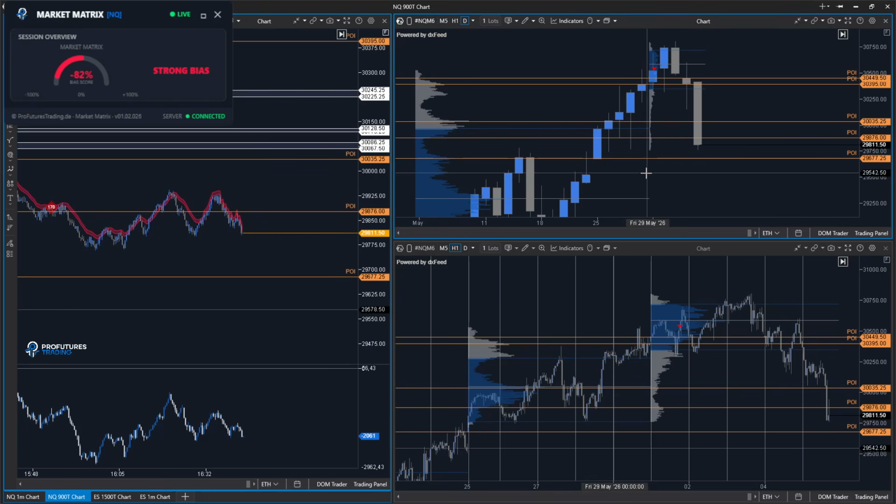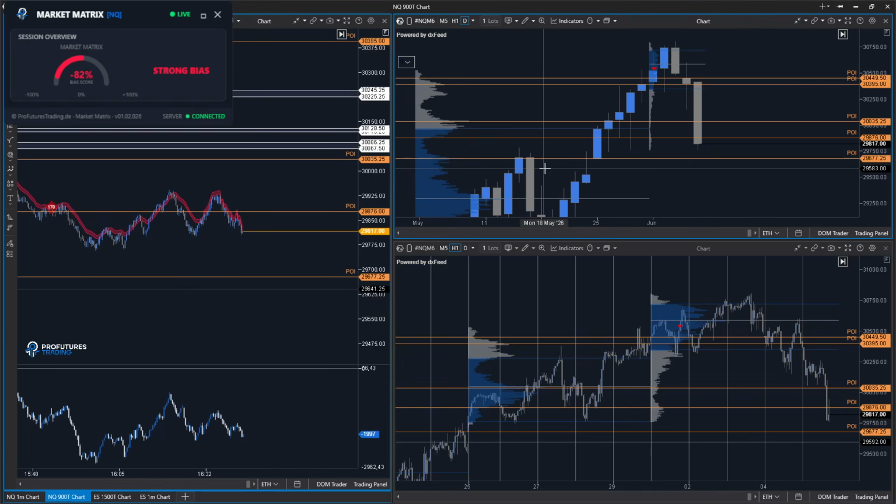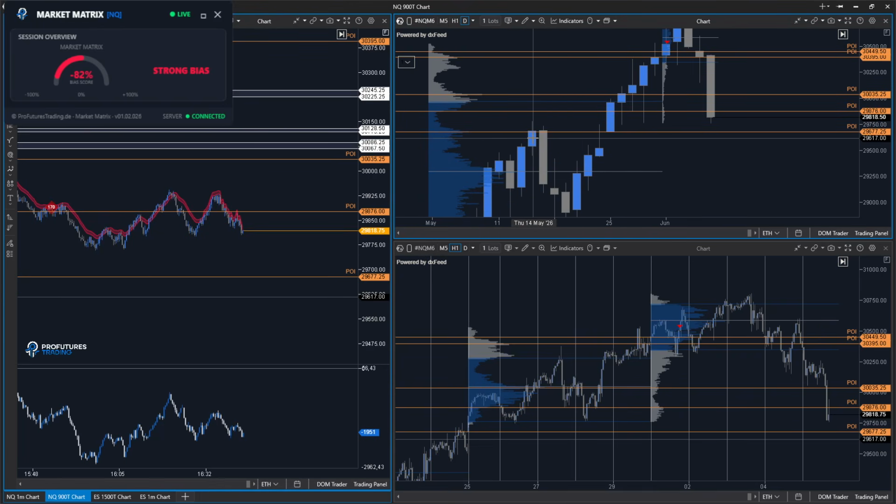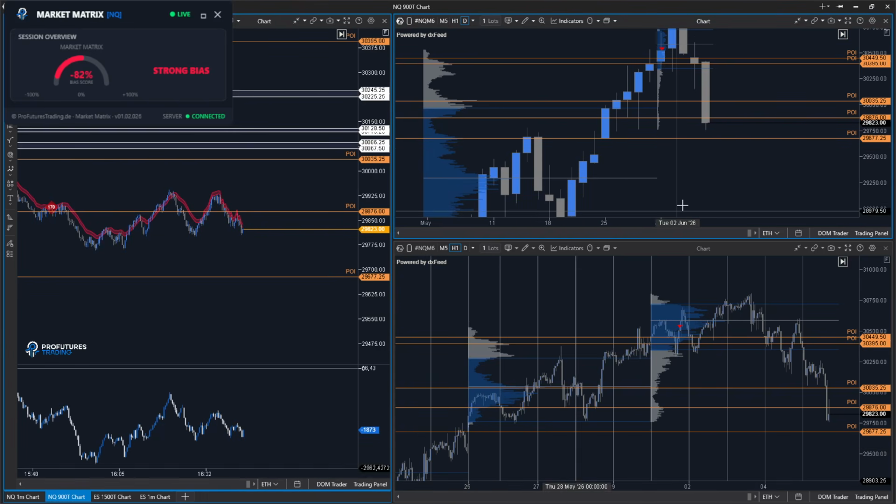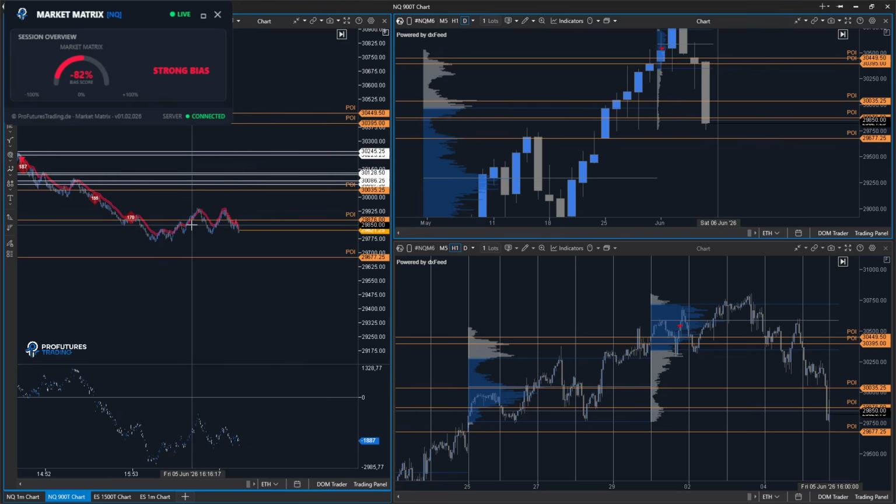So the next point would be the point of interest here, which is almost the high of my 14 and 15, 26, and so this would be the next target if you're still inside the trade here.